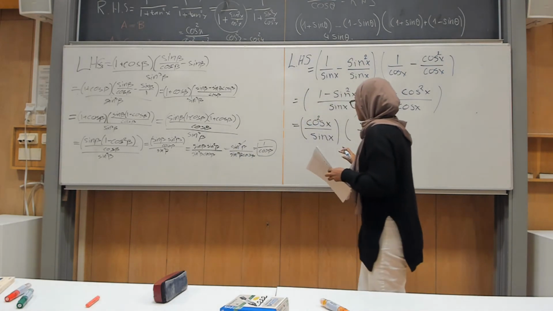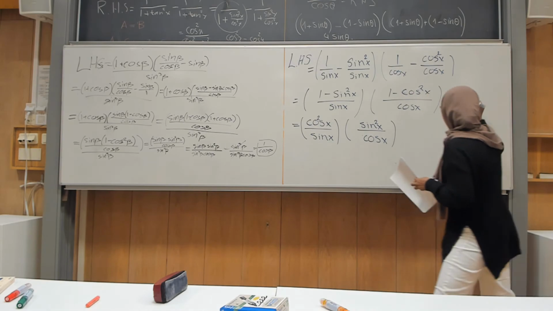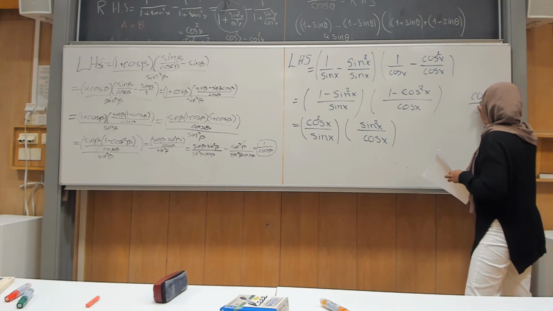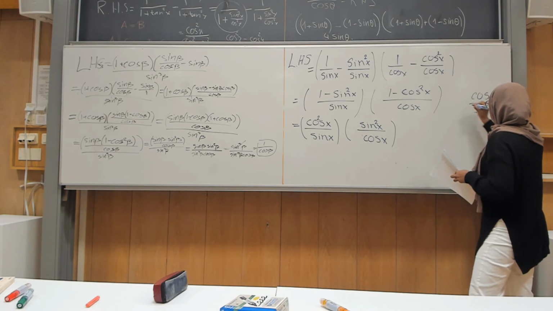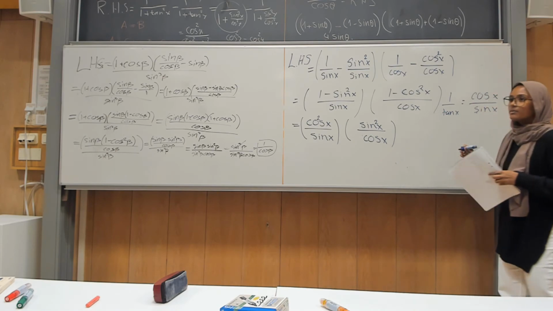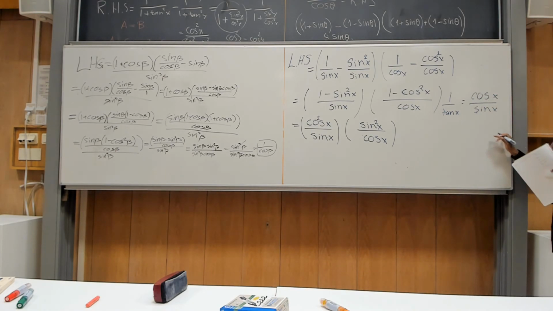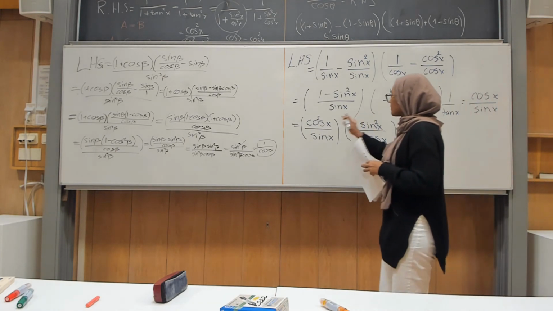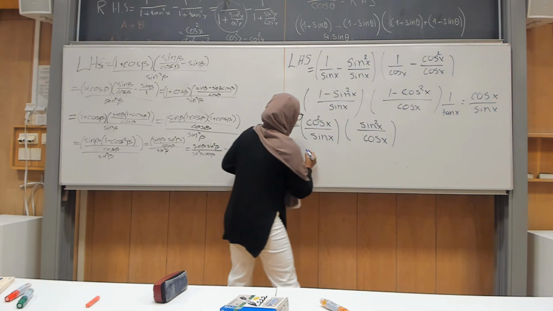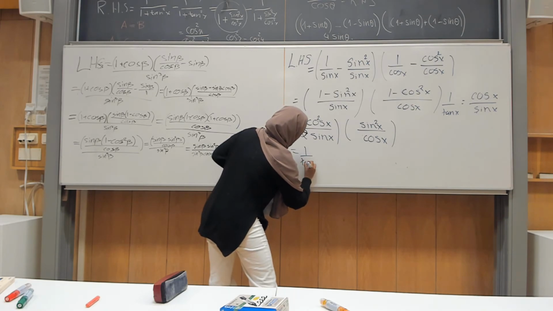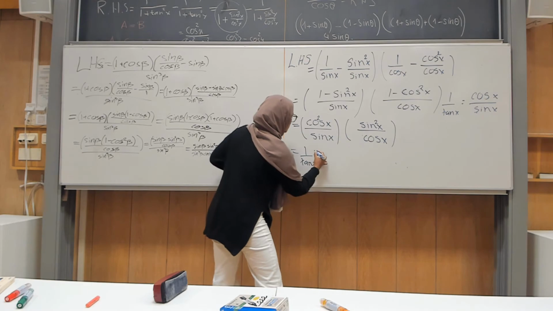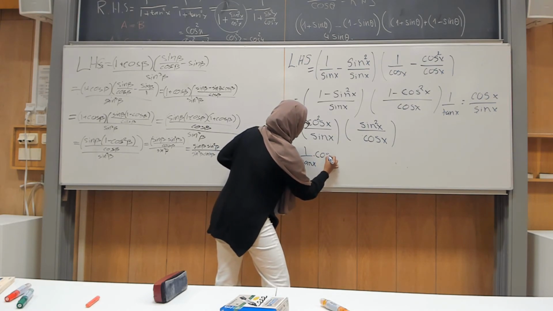Now I can see that if you only have cosine x over sine x, this is equal to 1 over tangent. Yes. And is that understandable for everyone? So I can write this as 1 over tangent x, and you have 1 cosine left, so times cosine x.